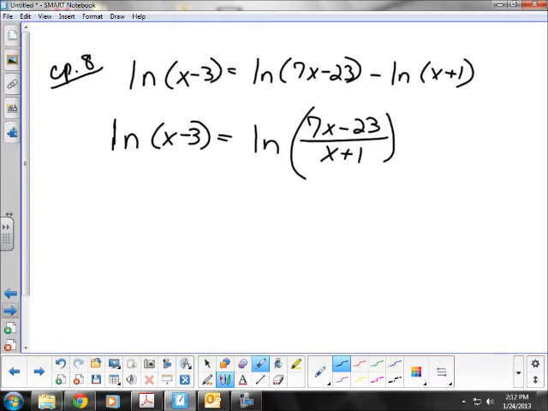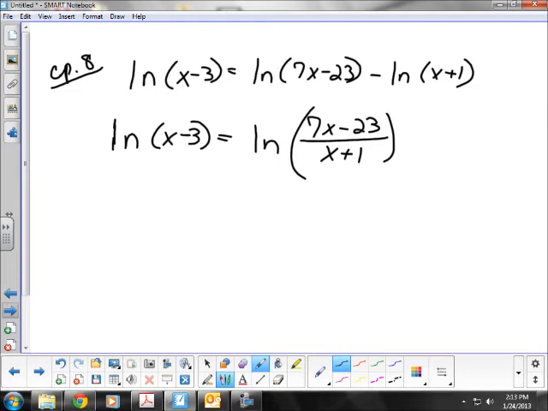Now, you remember that shortcut method that we had with exponents where if it was a like base and it was being raised to the same power, I could just take the powers and set them equal to each other? Look here. Same logs. So I can just take the arguments and set them equal to each other.